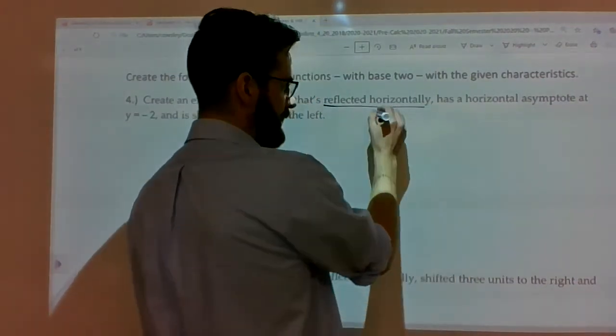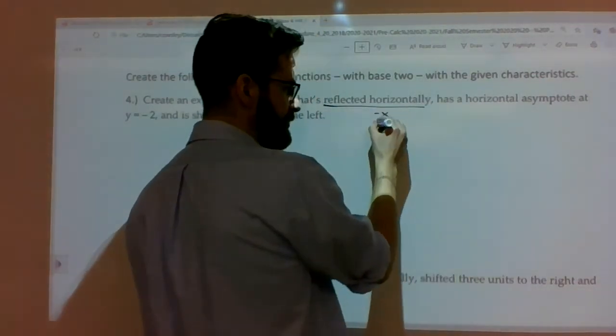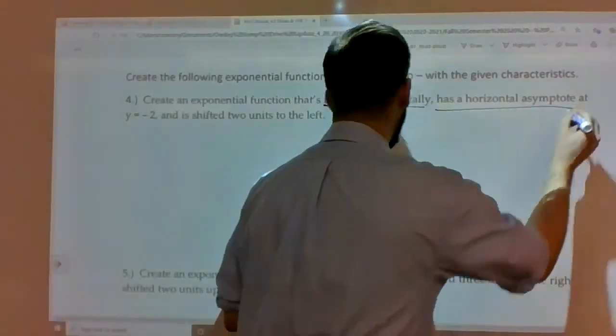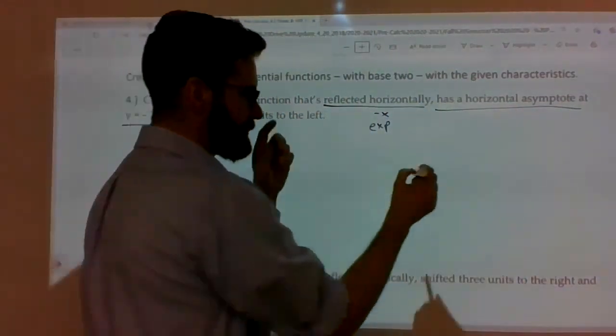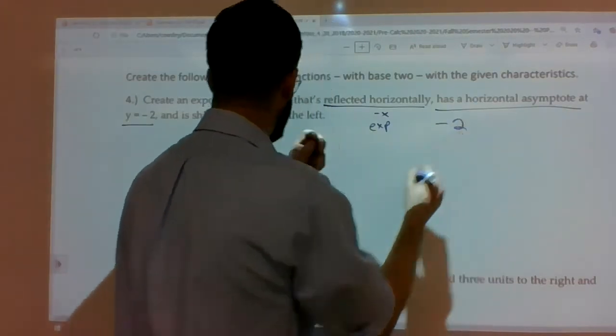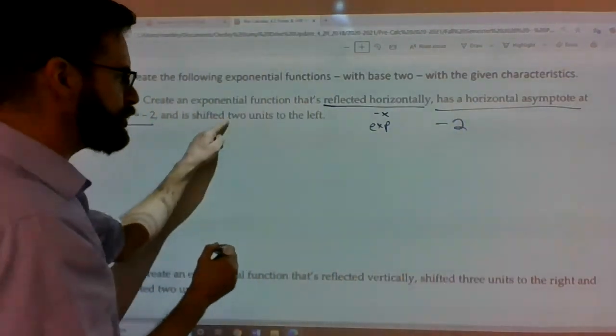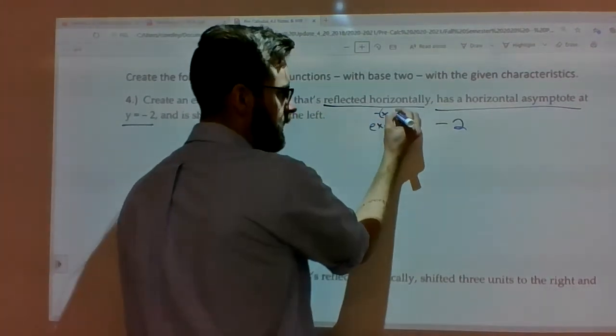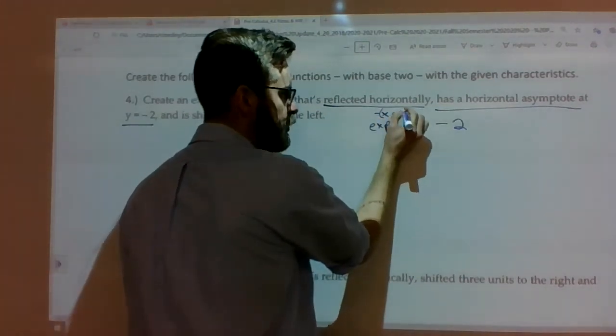So that's like negative x in the exponent, right? Has a horizontal asymptote at -2, which means the whole thing's subtracting 2, and is shifted 2 units to the left. So that's where we would have to put in parentheses plus 2.